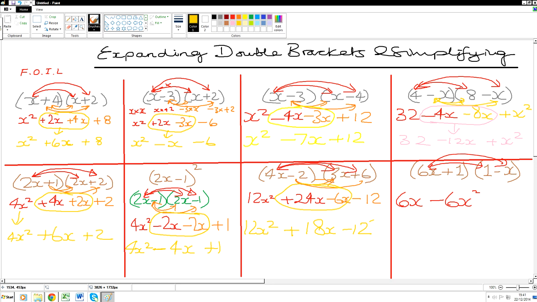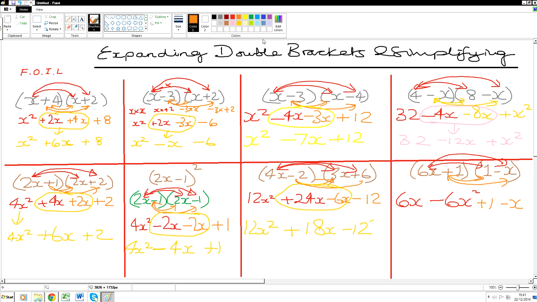Don't give me half answers, give me full answers. We have plus 1 times 1 is plus 1. Plus 1 times minus x is minus x. When the signs are different in multiplying, the answer is always minus. Come on, folks, you guys are really struggling in your negatives here today.